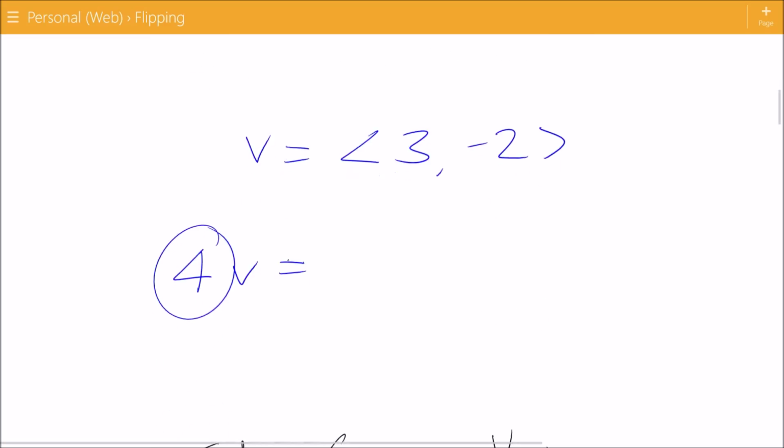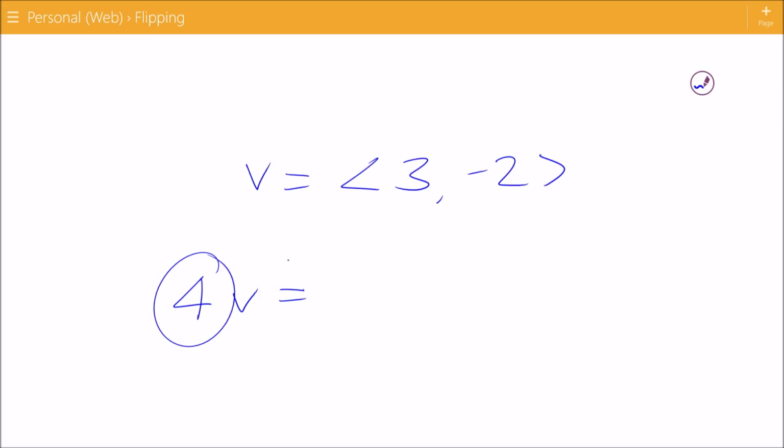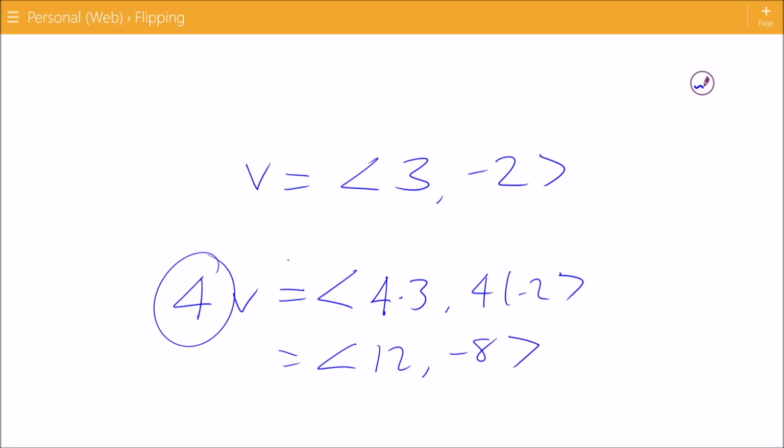If I've got that, all this does is make this 4 times 3. That's a 4, I know that looks slightly 9-ish, let me correct that. And 4 times -2. 12, -8 is 4v.